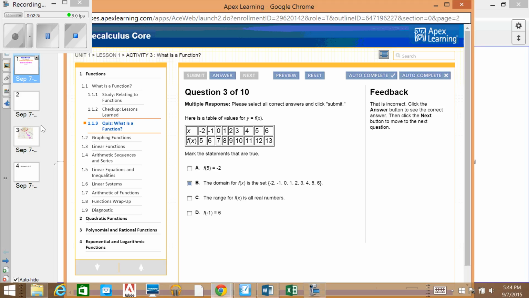And in your email, make sure you tell me it was quiz 1.1.3, question number whatever. Say 3, 4, 5, 6, 7, 8, 9, 10, whichever one it is. So then I know the exact quiz I have to go into to look at if I can give you partial credit or not. Partial credit would mean I'd give you 1 more point. So instead of getting 0 for that question, you would get 1.